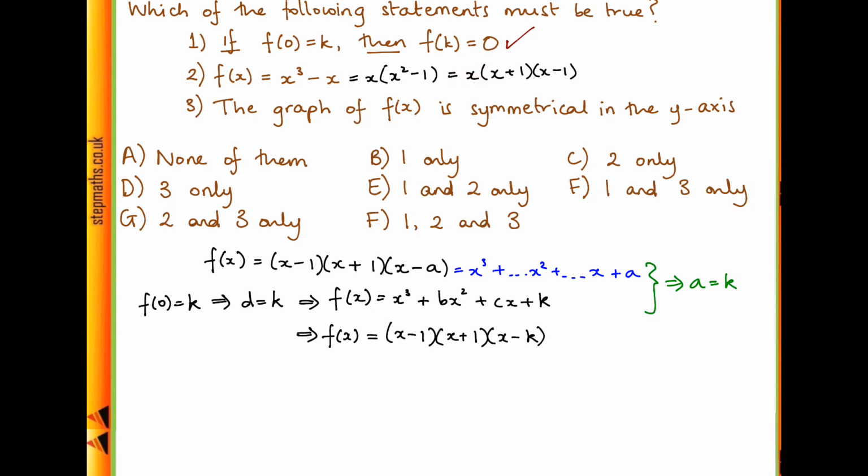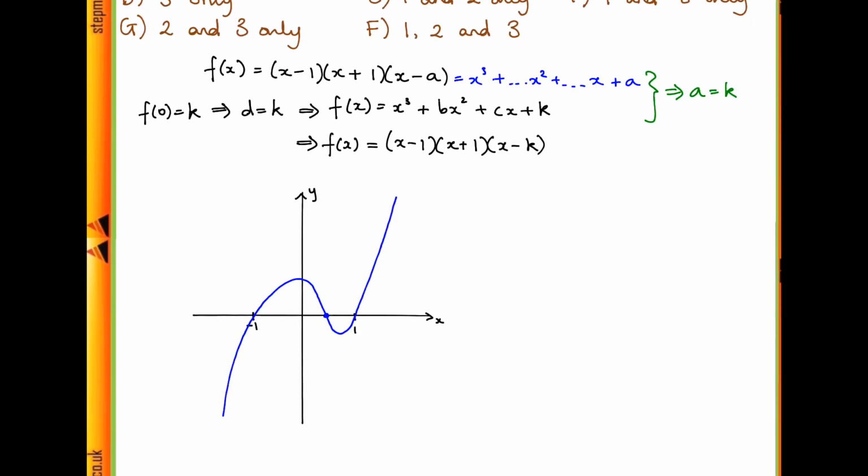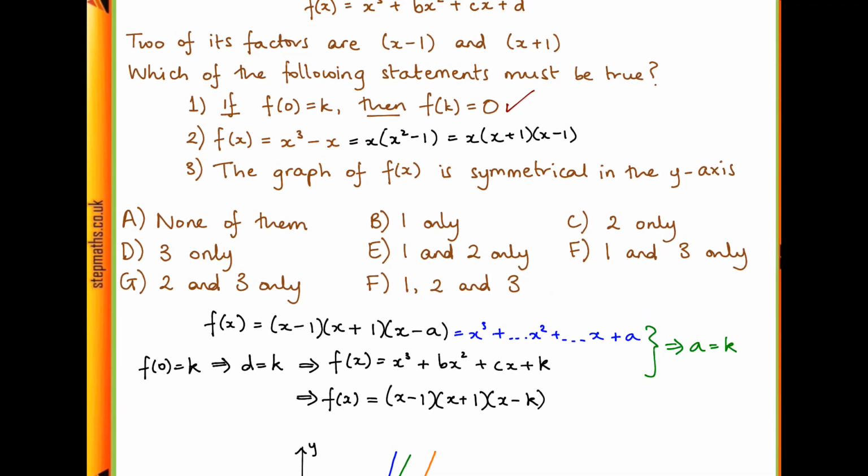So is there anything to say that our third root a must be 0? Well, no, I don't see why it'd have to be 0. For example, we could draw a cubic like this, so that our third root was greater than 0, or could have it less than 0, or we could even have a cubic with a repeated root. So there's nothing to say why our third root must be 0. So this second statement doesn't have to be true.